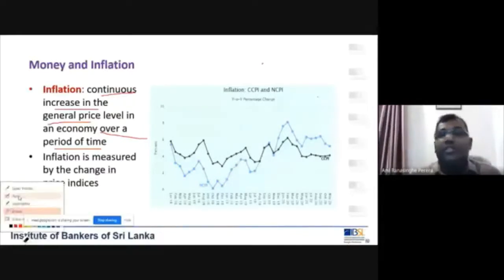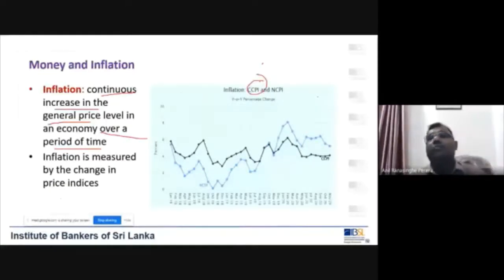To measure inflation, we use one called CCPI. This is the Colombo Consumer Price Index. In this index, we calculate the inflation rate based on a sample of households in the Colombo district. That's why you call it the Colombo Consumer Price Index.